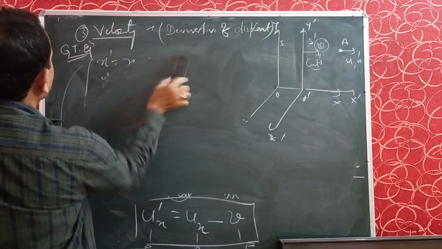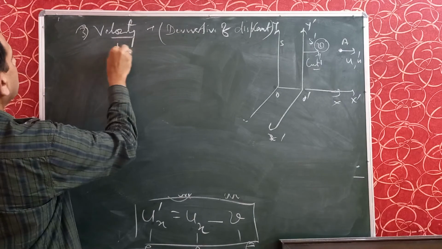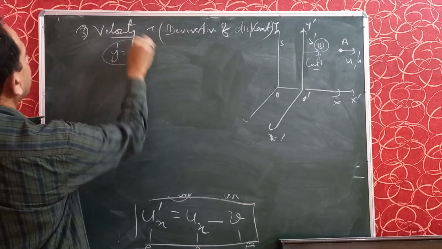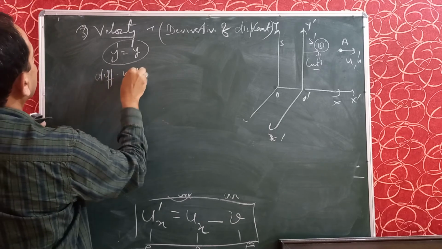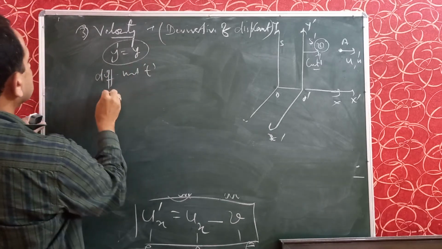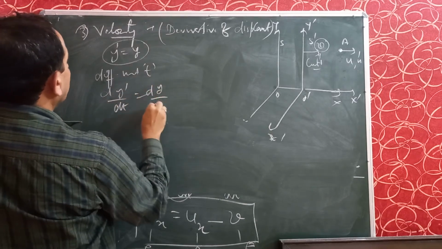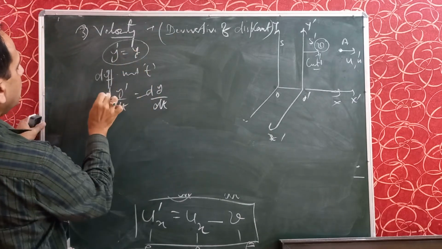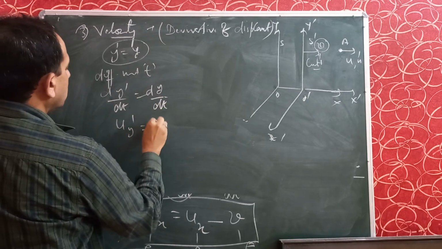Similarly, we can find it for the y axis. We know that y' is equal to y is the second equation. Taking the derivative means differentiating with respect to t on both sides. It is dy' upon dt equal to dy upon dt. So dy' upon dt, that is uy', is equal to uy.